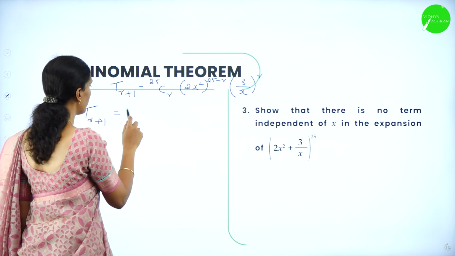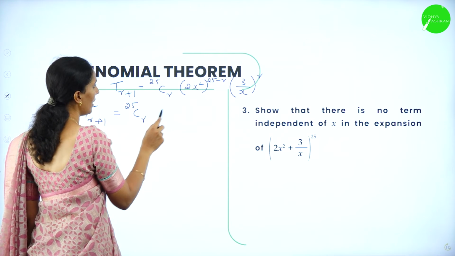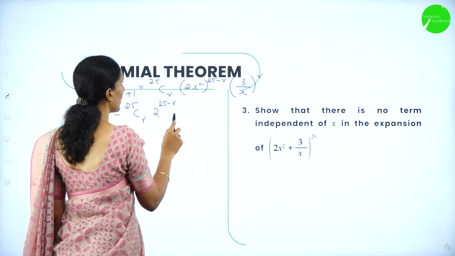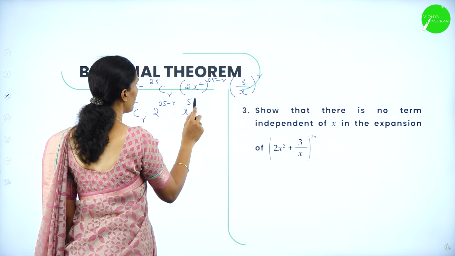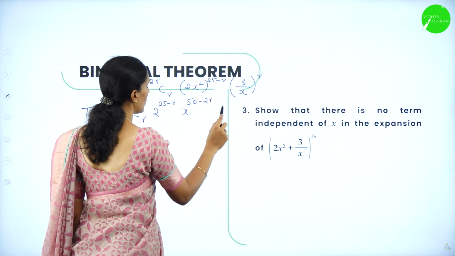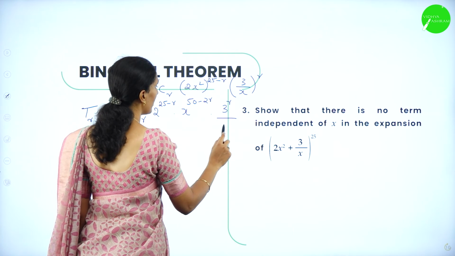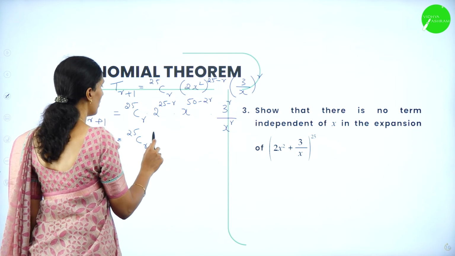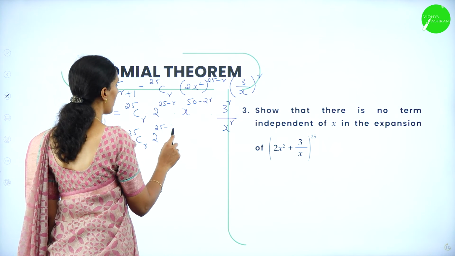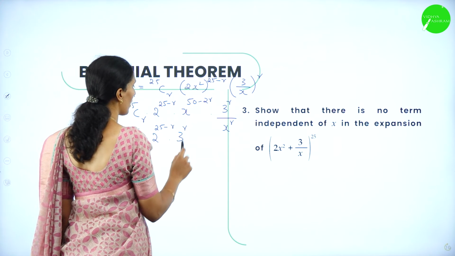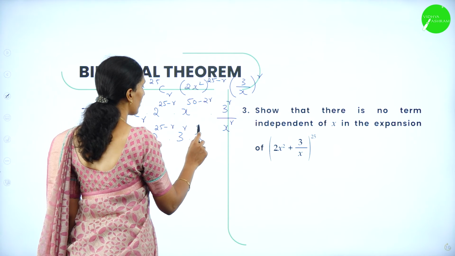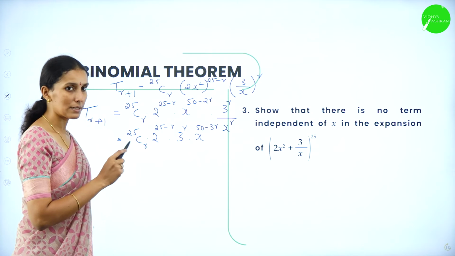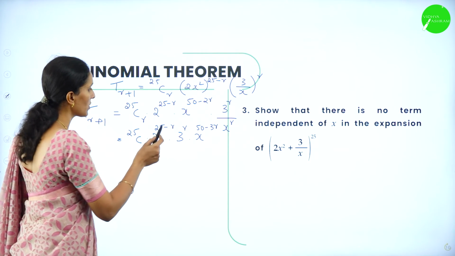Now T(r+1) is 25Cr, 2 to the power 25−r into x to the power 50−2r into 3^r divided by x^r. So this is 25Cr, 2^(25−r) into 3^r into x to the power 50−3r, since it is −2r−r, which is −3r.